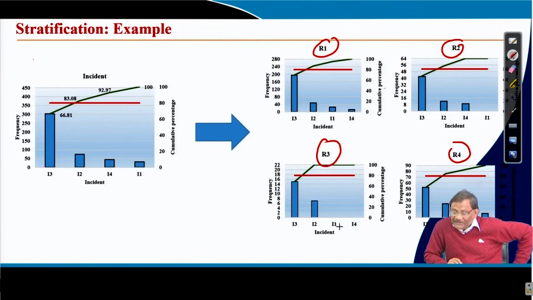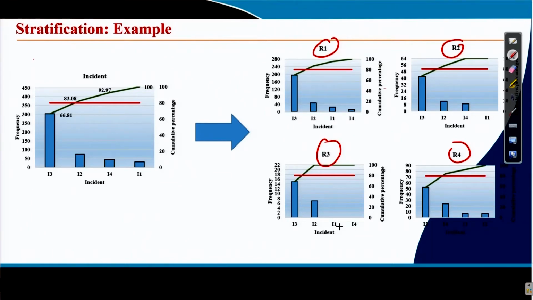Obviously, because I3 is so high, in every case I3 is more, but there could be a situation where for a particular risk control system I3 is less whereas I4 is more. You may find I3 like this and I4 like this. That also will happen. So the overall picture and the risk control system specific picture are different. That is an important part you have to keep in mind.